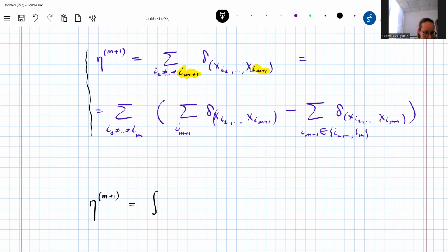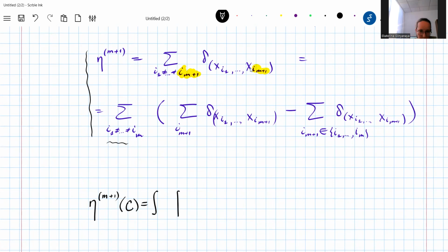So integral, here, let me write the measure, the factorial power m plus 1 from some subset C. So this is equal to the integral, so this corresponds to this one.